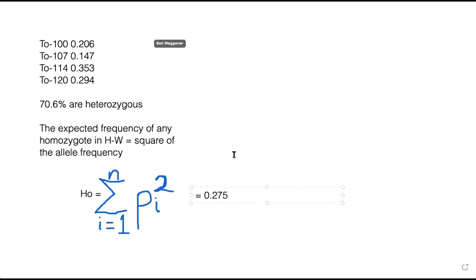And that's the long and painful way. But since every starfish has to be either a homozygote or a heterozygote, there's no other option. The frequency of heterozygotes just has to be 1 minus the frequency of homozygotes. So it's equal to 1 minus 0.275, which equals 0.725.